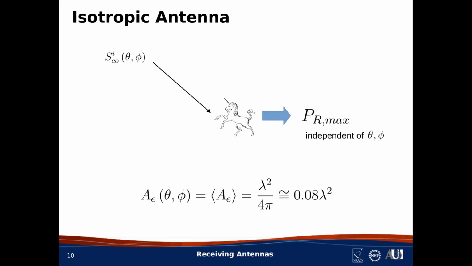Now, 1 over 4 pi is about 0.08. So we find that the effective aperture of an isotropic antenna is about 0.08 times wavelength squared. Very roughly, the effective aperture of our mythical isotropic antenna is about 1/10 of 1 wavelength squared.